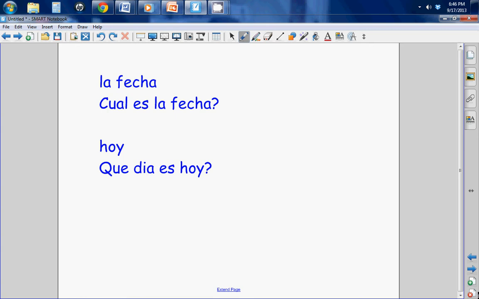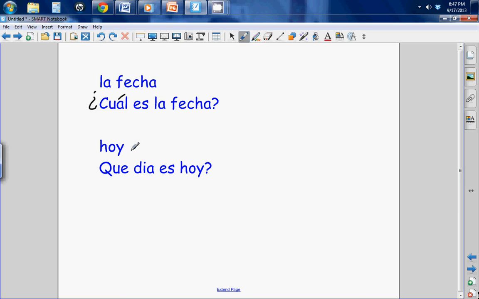Alright, if somebody asks you, ¿cuál es la fecha? And please forgive me, I forgot to add in the appropriate punctuation here. If somebody asks you, ¿cuál es la fecha? They're asking you for the date. So an appropriate response would be something like el 17 de septiembre, because they're asking you for numbers. They want to know what the number of the day is.